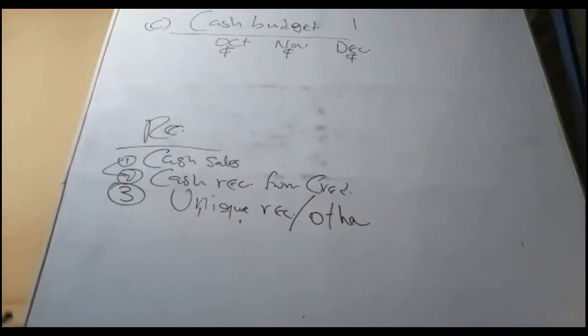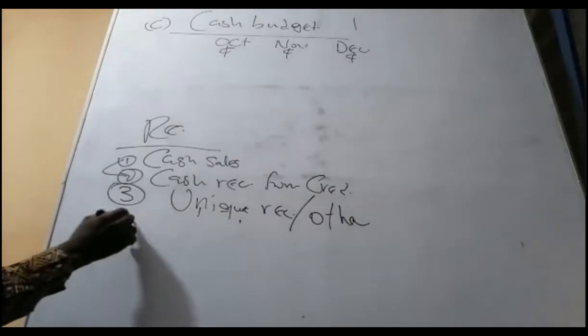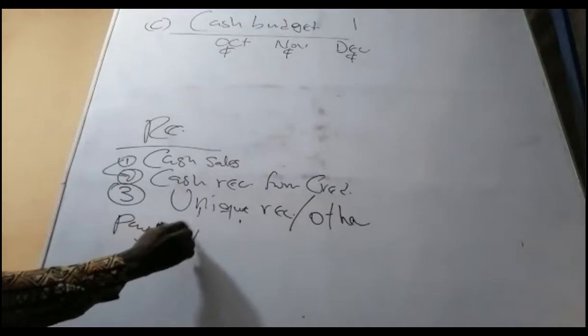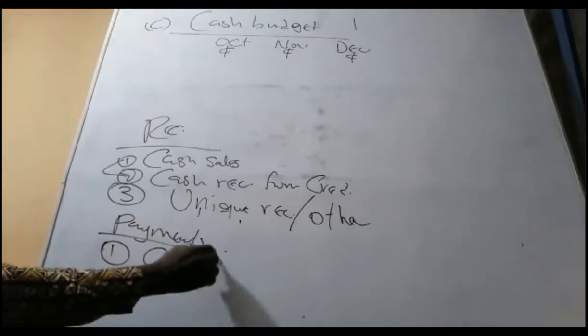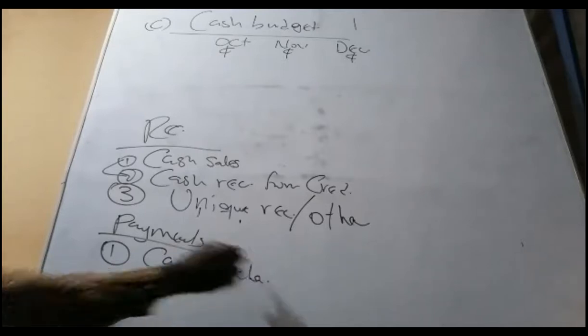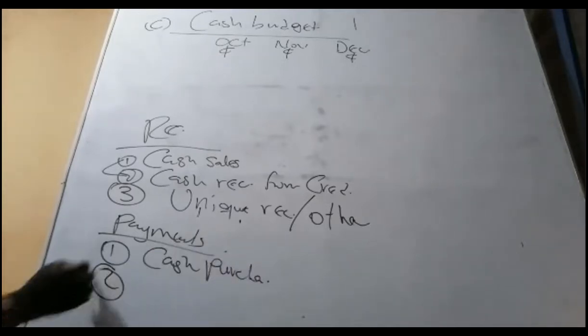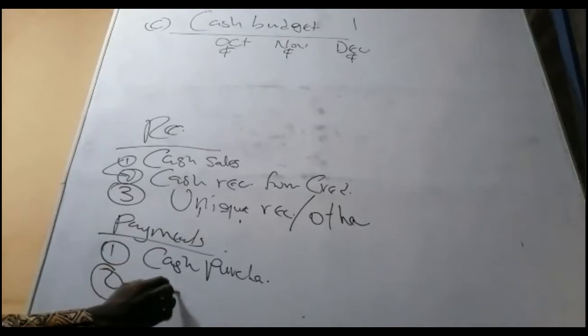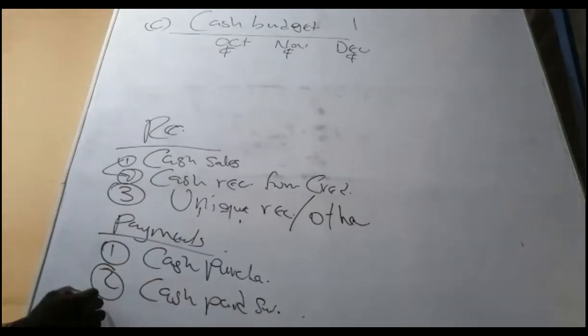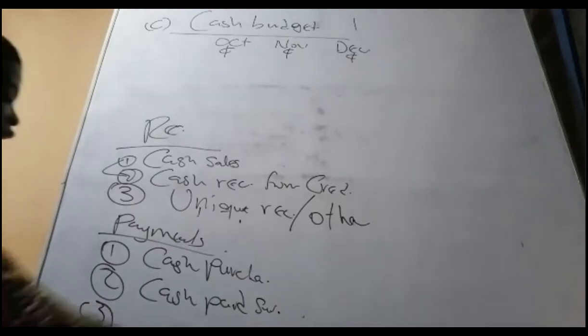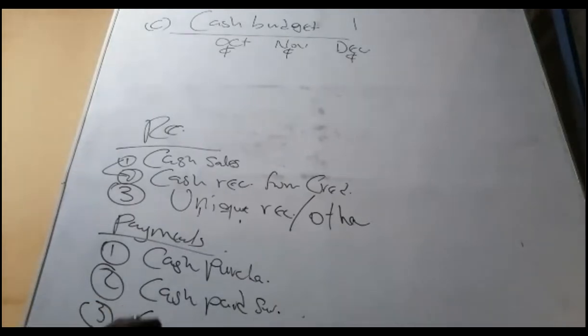You go to payments. Payments are a bit many. There are about four. One, cash purchases, only if it's in the question. Two, cash paid to suppliers. Three, expenses paid.